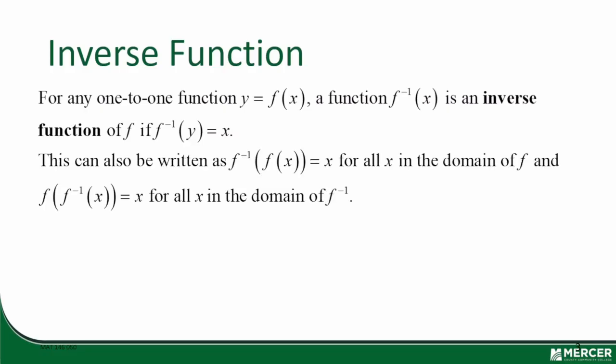Also written, g of f of x equals x for every x in the domain of f, and f of g of x equals x for every x in the domain of g. Obviously, that is the notation f to the minus 1 power to represent inverse of f, and is read as f inverse.